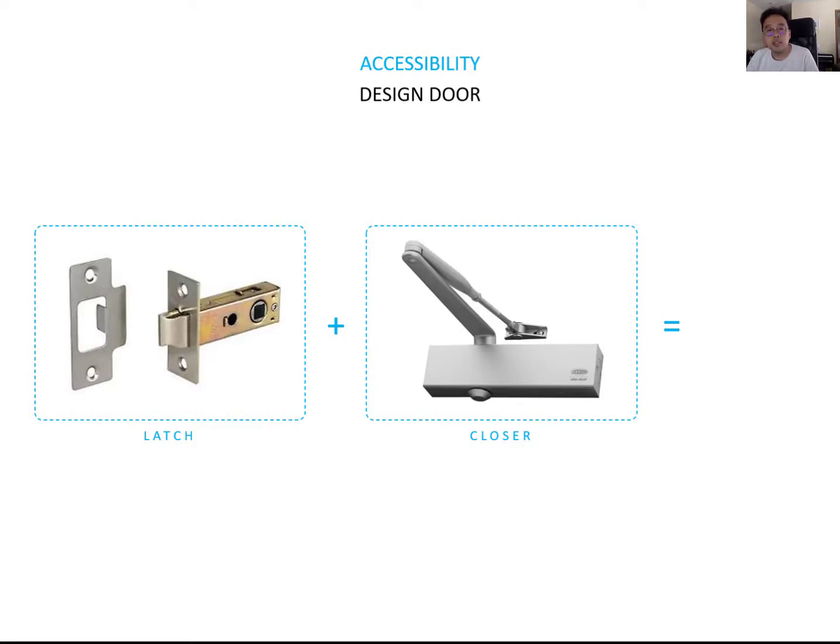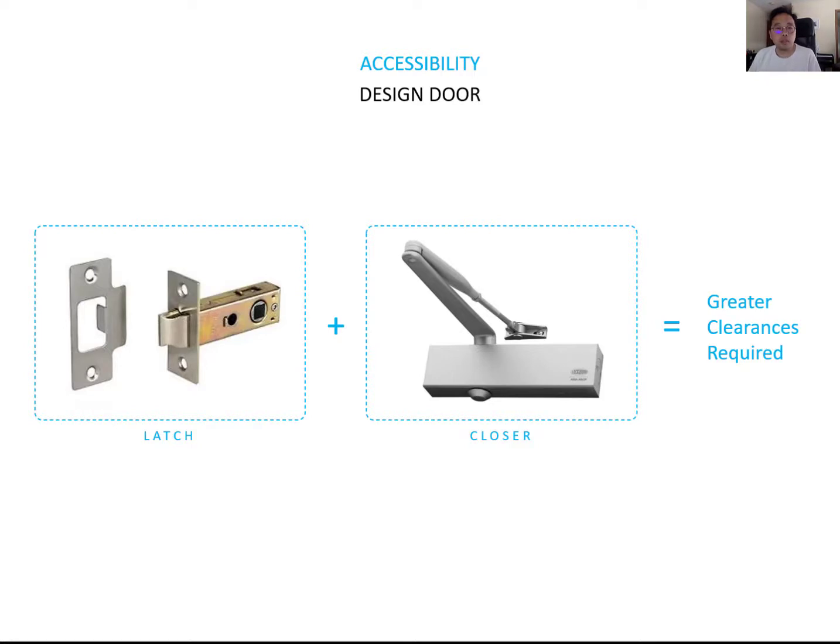So depending on the latch and closure, if you have both, you need greater clearance. This relates only to fire safety, because closure and latch are required for fire safety. When your door has the closure and latch, you need more clear space.